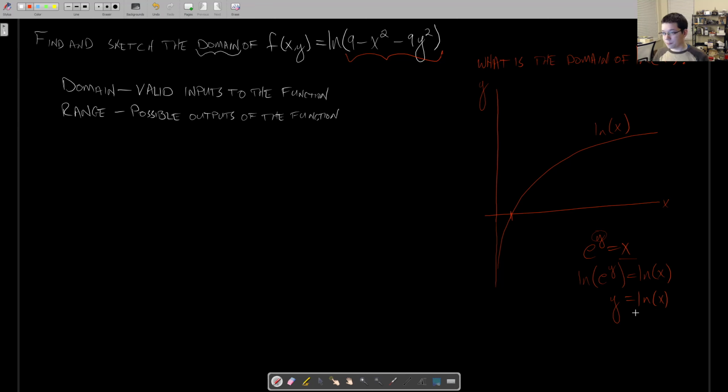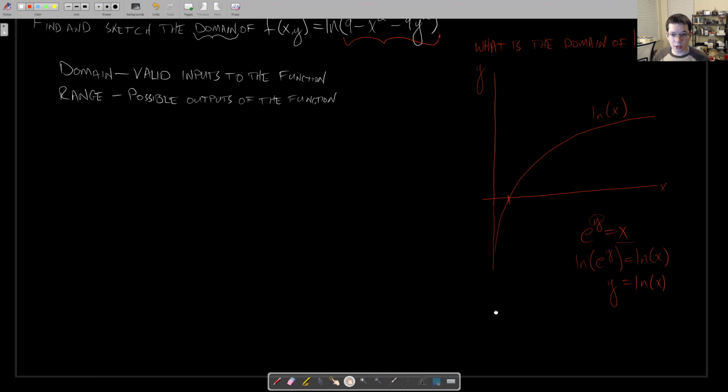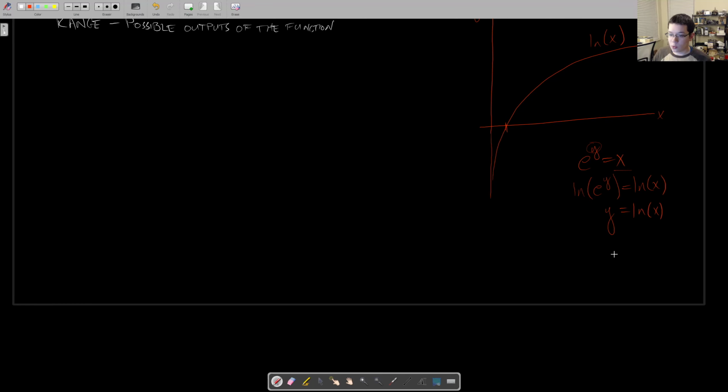With this in mind, let's think about this equation for a second. If I have x equals e to the y, and I plug in a number for y, let's plug in 0 just as an example. X equals e to the 0. Well, anything to the 0 is 1. Okay, so what if I put in infinity?